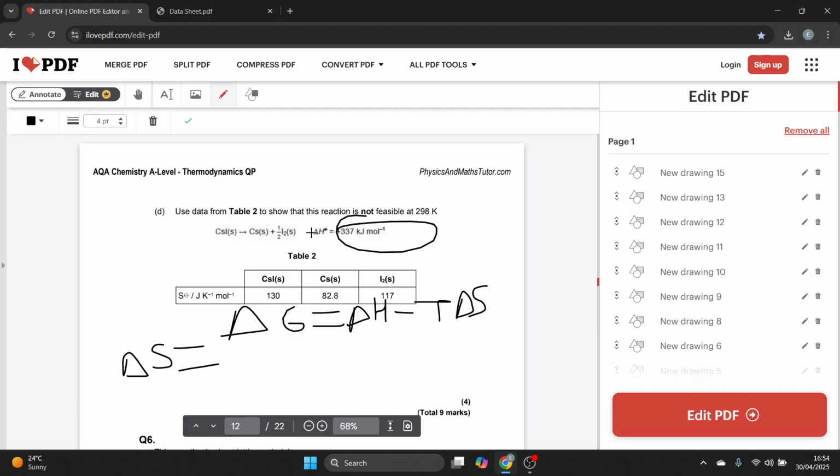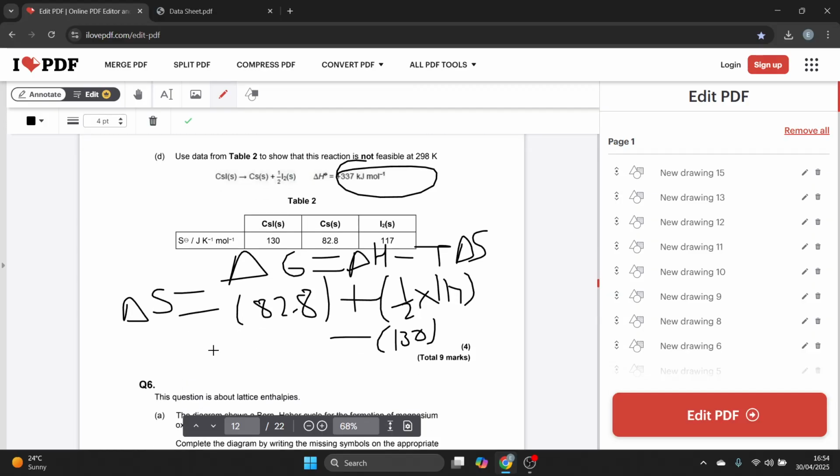Delta S is entropy of products minus entropy of reactants, 82.8, it should be, plus a half times 117 minus 130. That'll give you 11.3, and that's in joules K to the power minus 1 mole to the power minus 1.